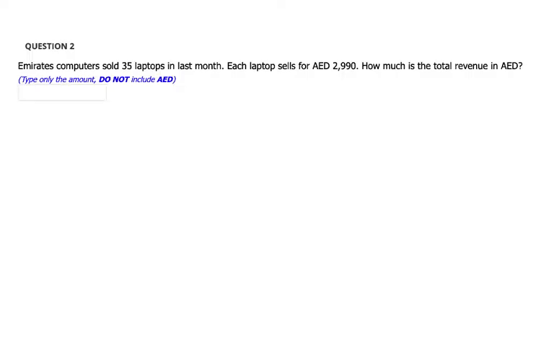Okay, let's look at question number 2. Emirates Computers sold 35 laptops. That's a quantity. Quantity is 35. They each sell for 2,990. That's the selling price. How much is the total revenue?